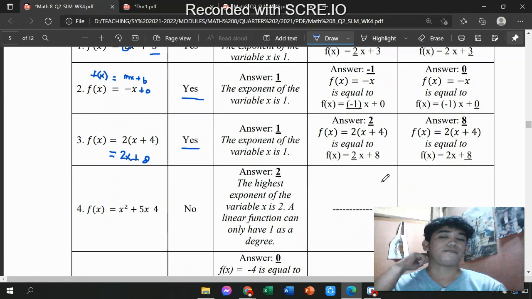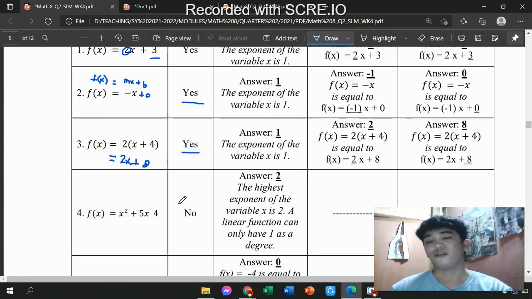Number 4, f of x equals x squared plus 5x plus 4. Is this a linear function or not? No. Kay naa na siya 2 nga exponent. Ang ato namang gipangita is dapat 1 ra ang exponent. So since naa naman tayo 2 nga exponent, that automatically makes this not a linear function.